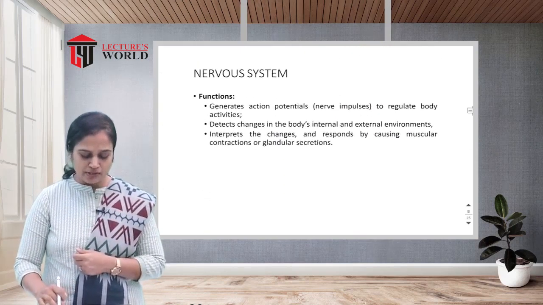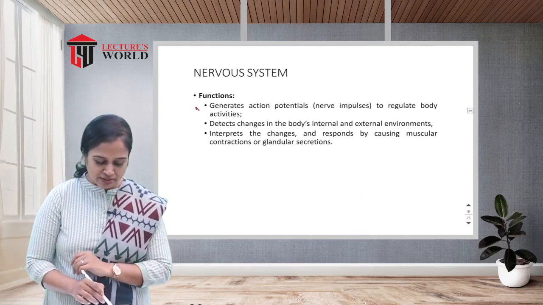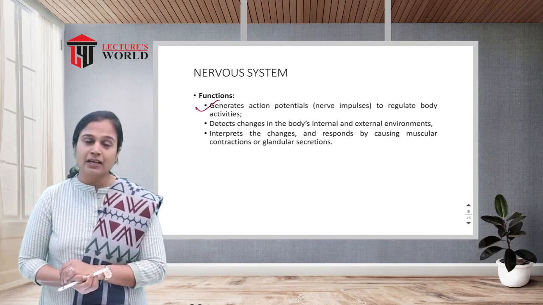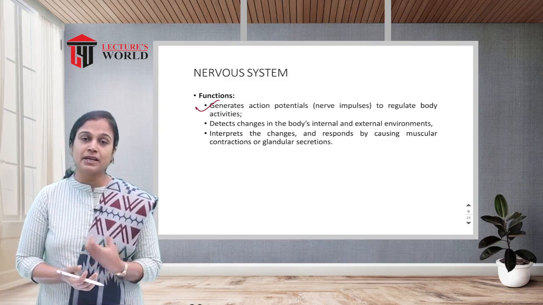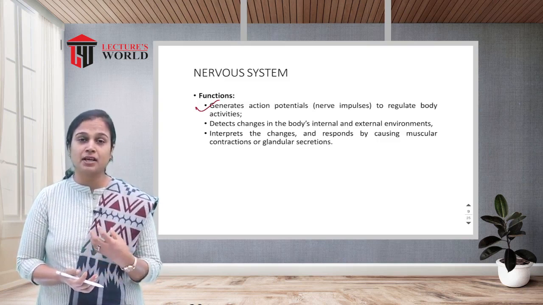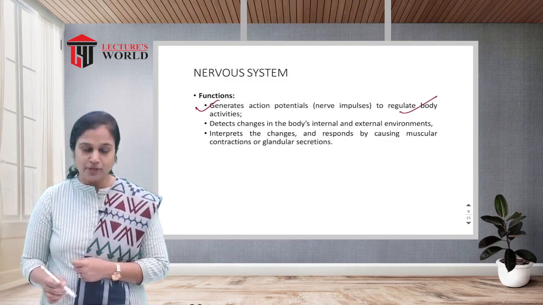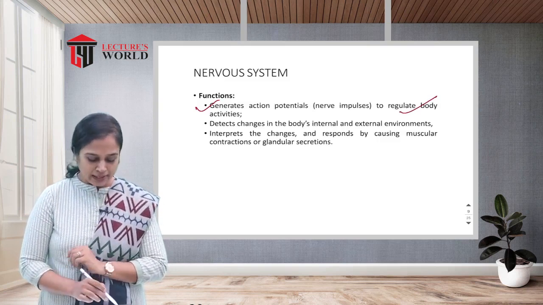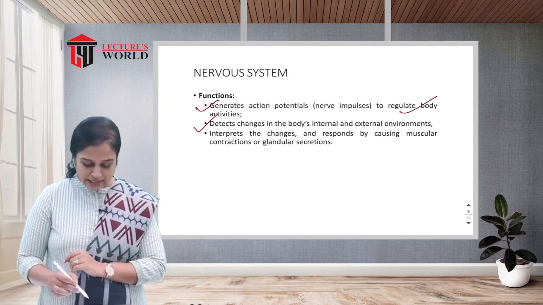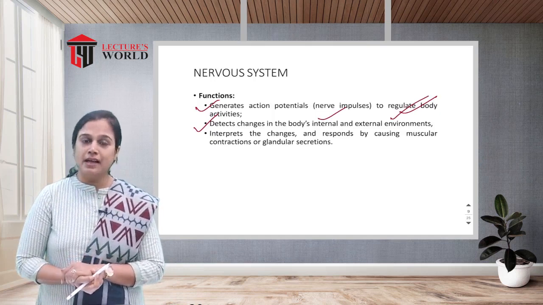So the function of the nervous system is to generate action potentials, that is nerve impulses, generate sensations and regulate body activities. It detects changes in the body's internal and external environments.